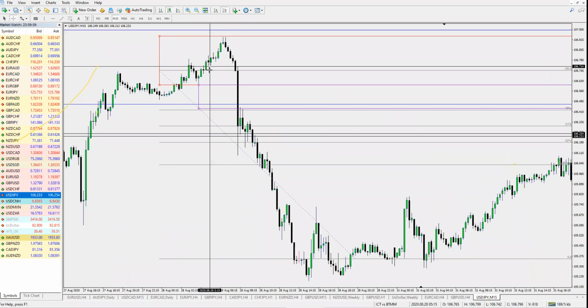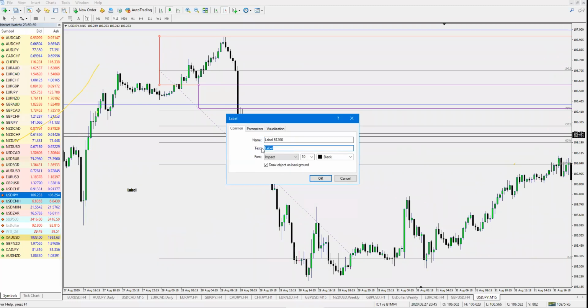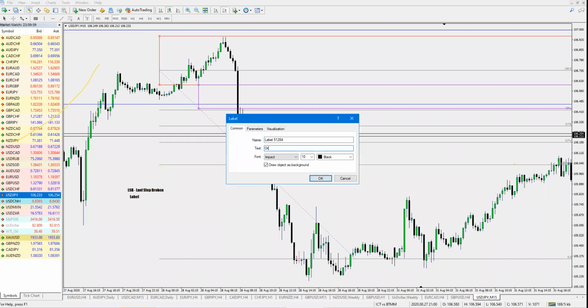So this is called either two things. In the BTMM circles, which is Beat The Market Maker circles, they call this an LSB, which stands for last step broken. Or in simple ICT terms, it is just called an order block.